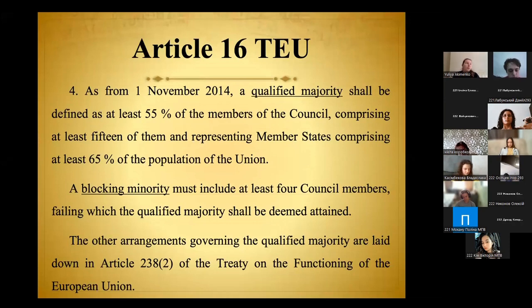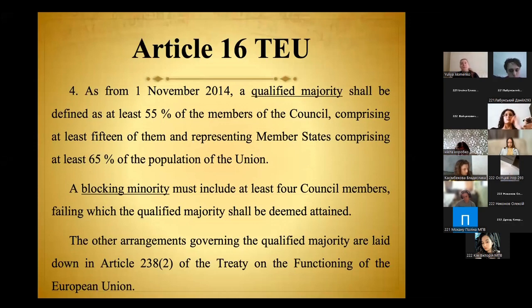So there are hypothetical possibilities that some countries with small populations may have a common view on a solution to some of the problems, and it's impossible for them to create this majority without having 65% of the population of the Union.